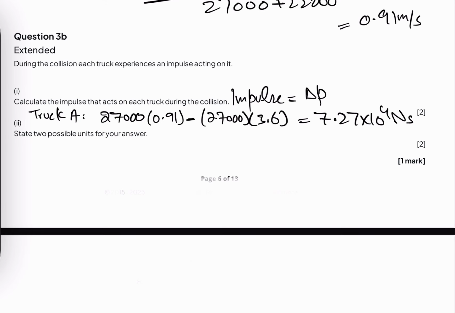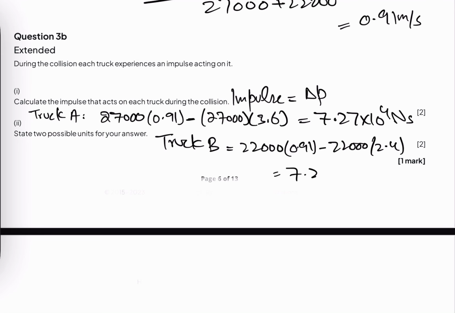This is for A. And for truck B, it will be 22,000 multiplied by 0.91 minus 22,000 multiplied by 2.4. You get the same answer because it's action and reaction. The amount of impulse exerted on A will be the same as exerted on B. Okay, so you have the same value of impulse.